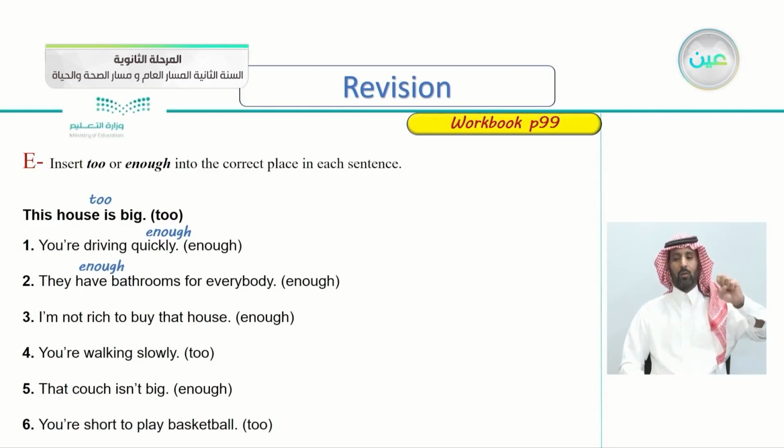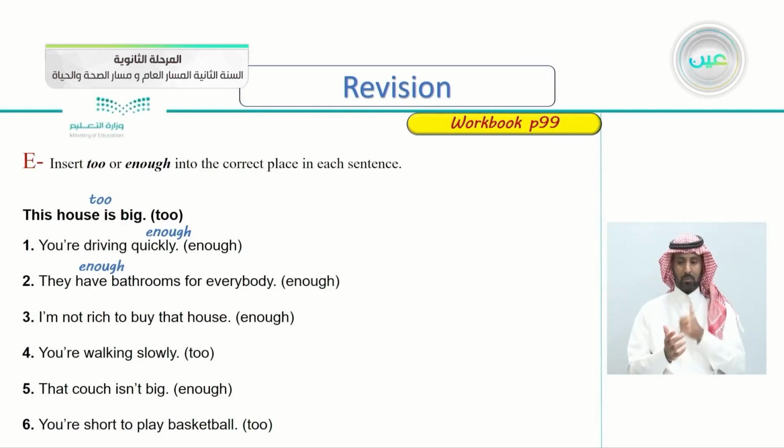Number 3, I'm not rich to buy that house, and also the word enough. Yes, very good. I'm not rich enough to buy that house. I don't have enough money.